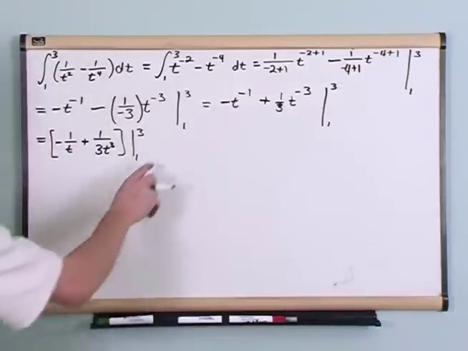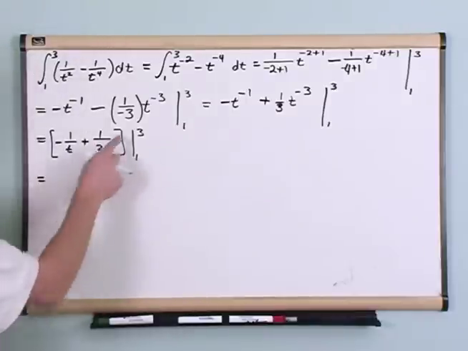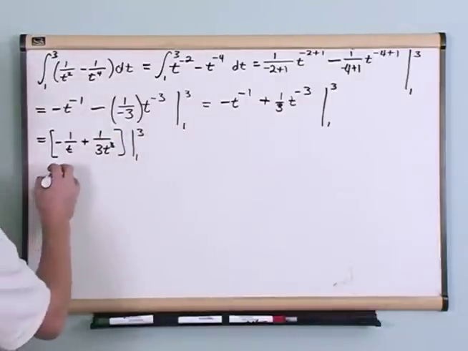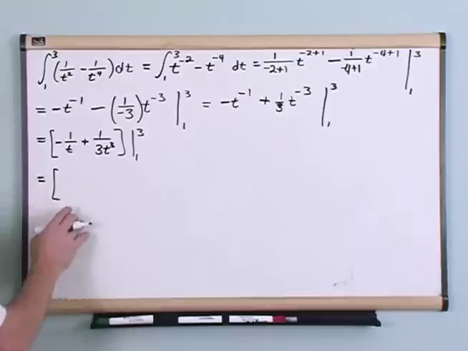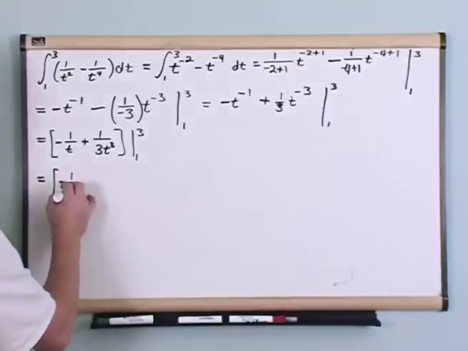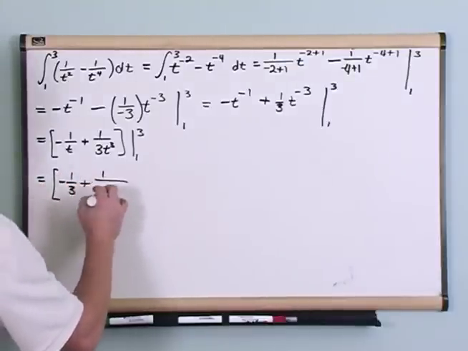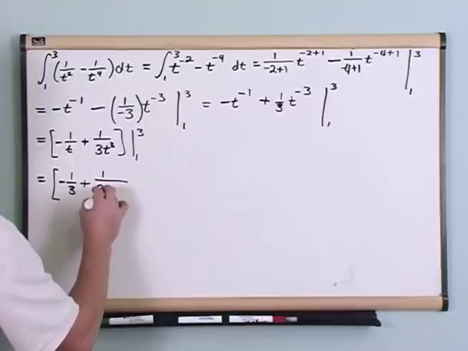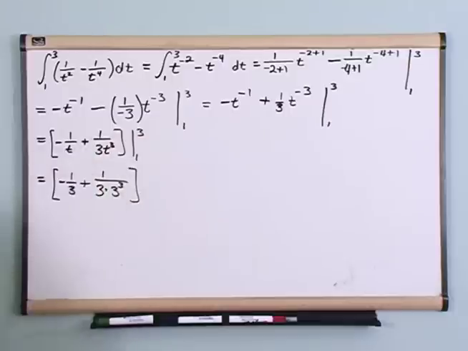We need to evaluate this from 1 all the way up to 3. So in order to do that, I need to plug my 3 in. So I'm going to have negative 1/3 plus 1 over 3 times 3 to the 3rd power. I just plug the 3 in there. Nothing too fancy there.